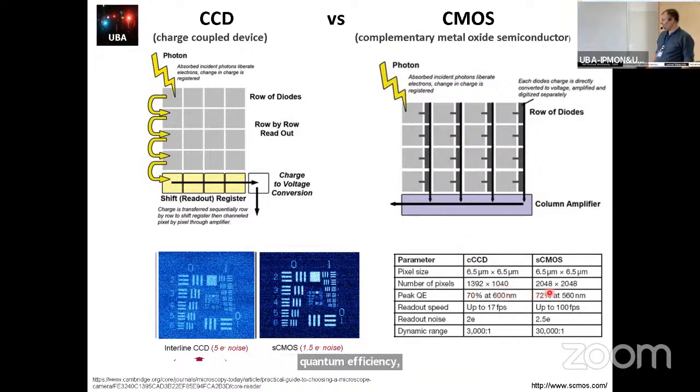However, the chips of the CMOS are larger, and usually we can get like 2084 by 2084 pixels in the CMOS, while in the CCDs we have around 1000 by 1000. And the main difference is how fast we can read.